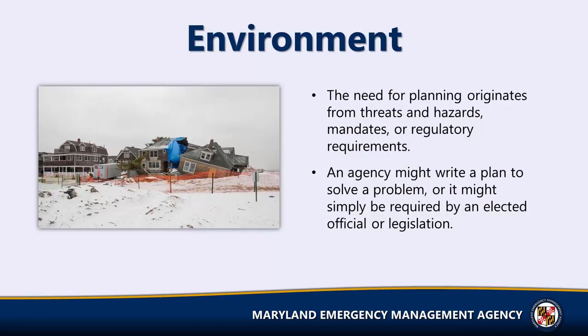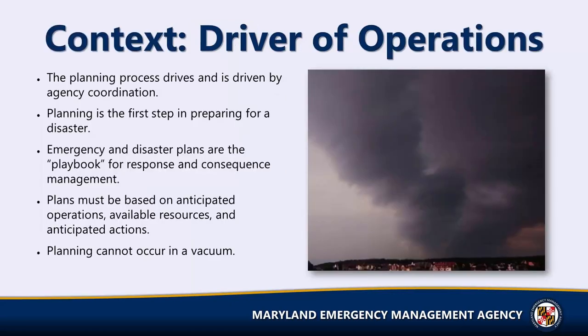The environment in which we plan can be uncertain. The need for planning originates from threats and hazards, mandates, or regulatory requirements. An agency might write a plan to solve a problem, or it might simply be required by an elected official or legislation. The planning process drives the ways in which agencies prepare for, respond to, and recover from disasters.